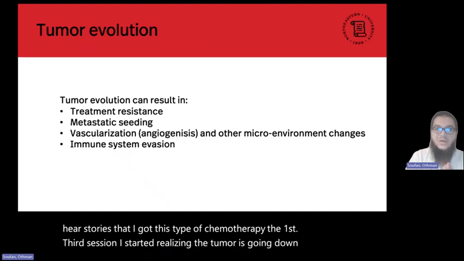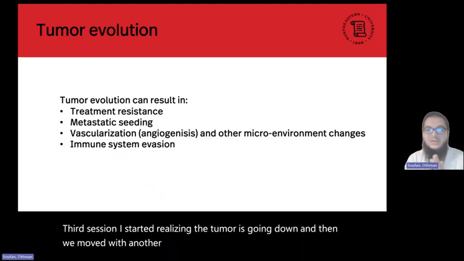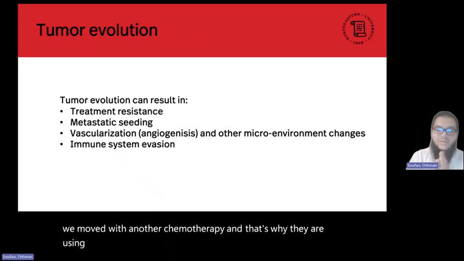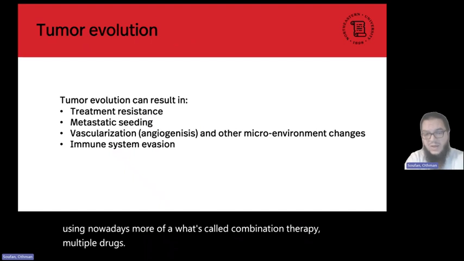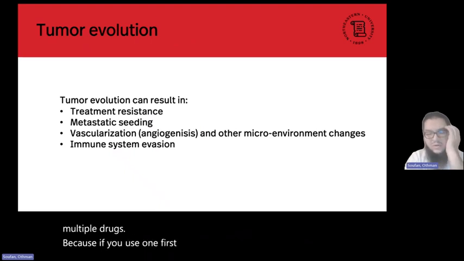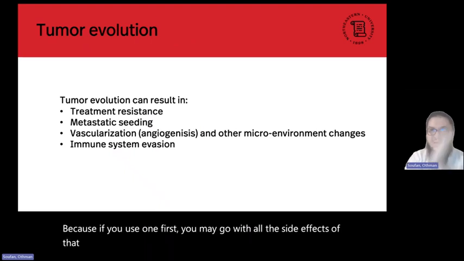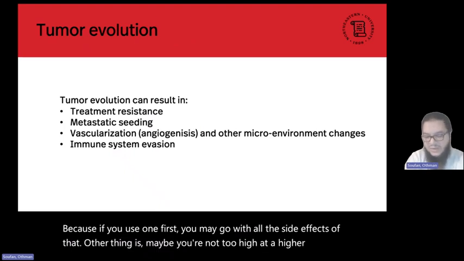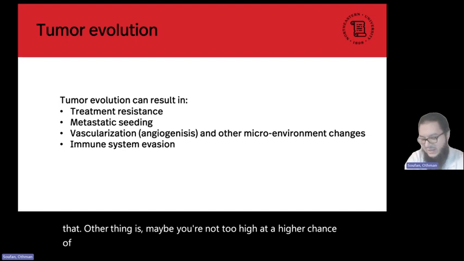And then we moved to another chemotherapy. And that's why they are using nowadays more of what's called combination therapy, multiple drugs. Because if you use one, first you may go with all the side effects of that. Other thing is you're at a higher chance of developing resistance to that specific drug.